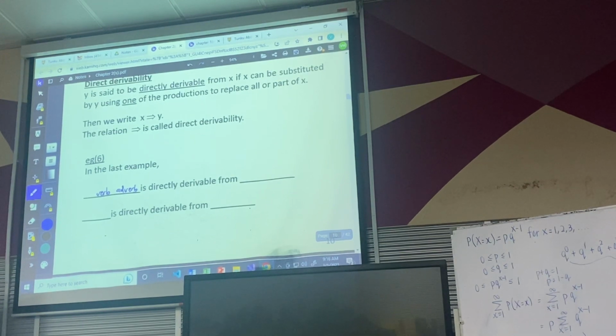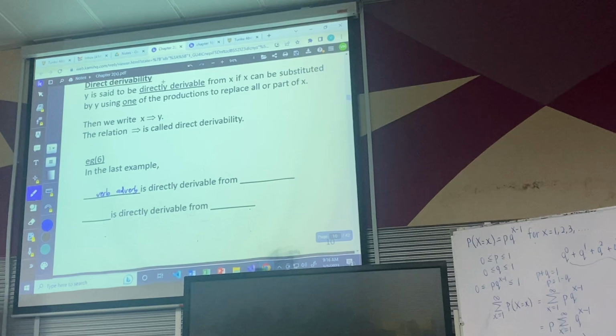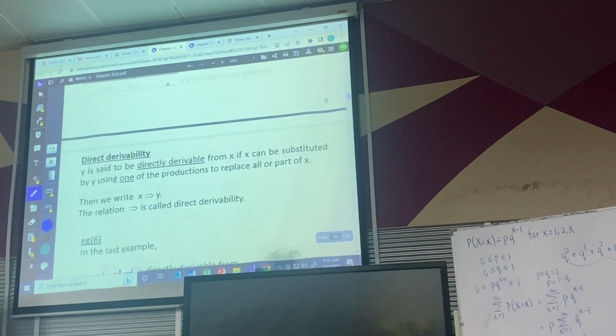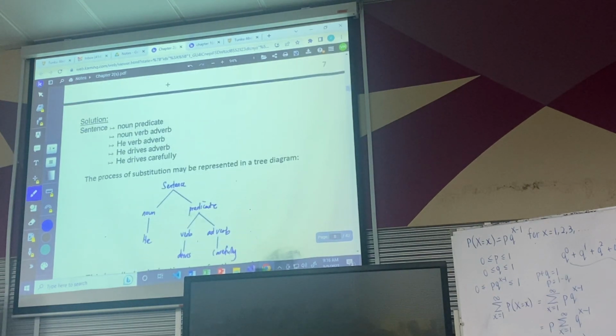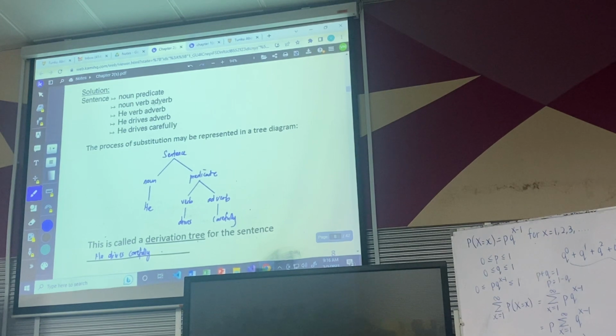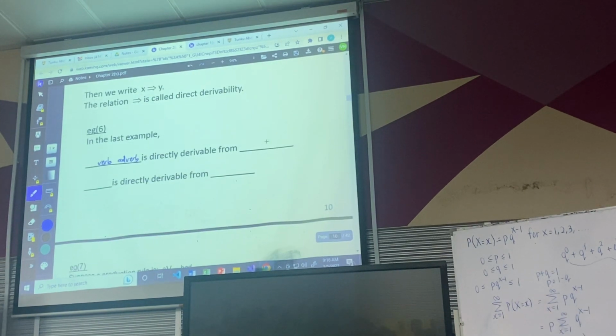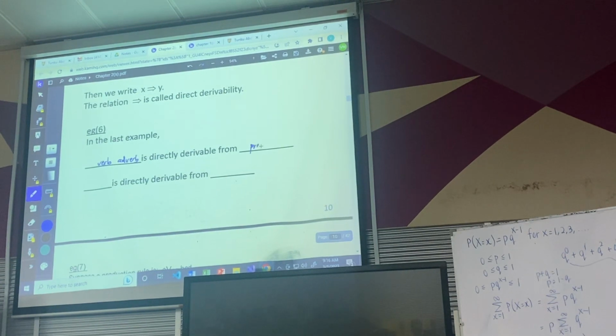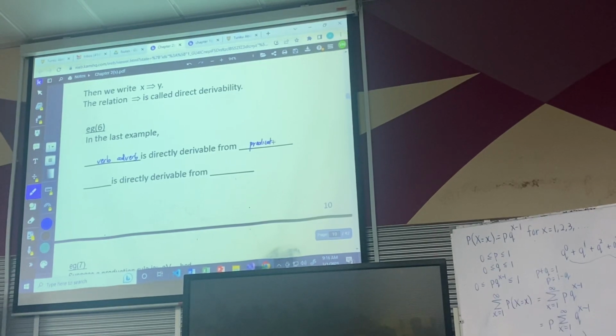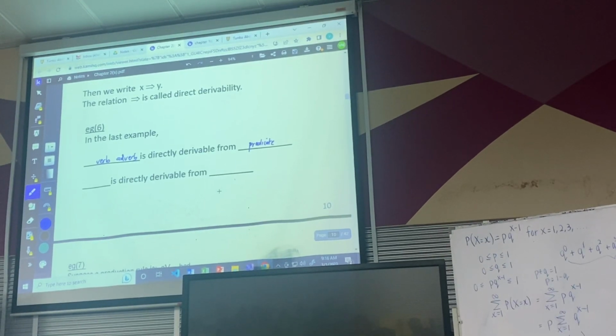One step substitution from the example just now. Yes, this one, verb, adverb, you get from predicate. So here it is directly derivable from predicate.